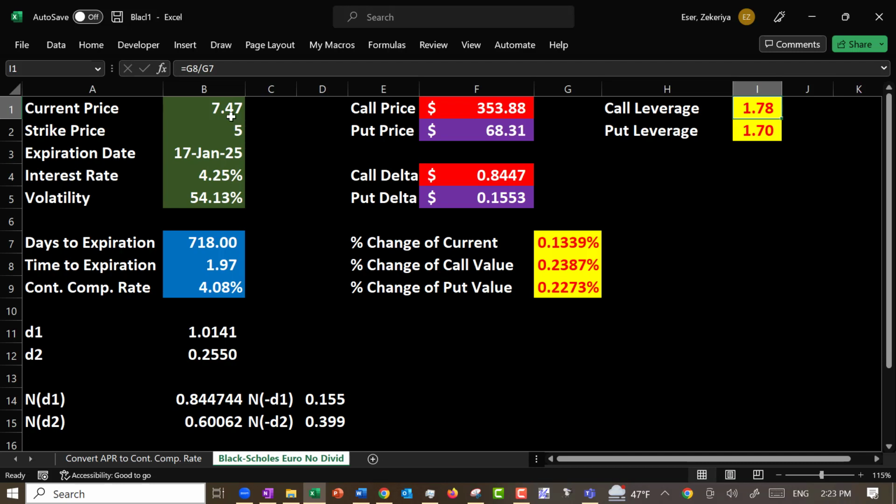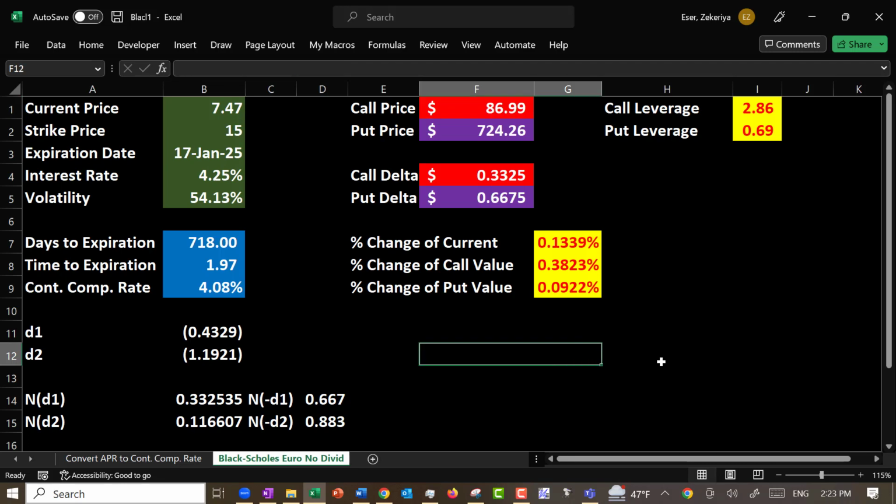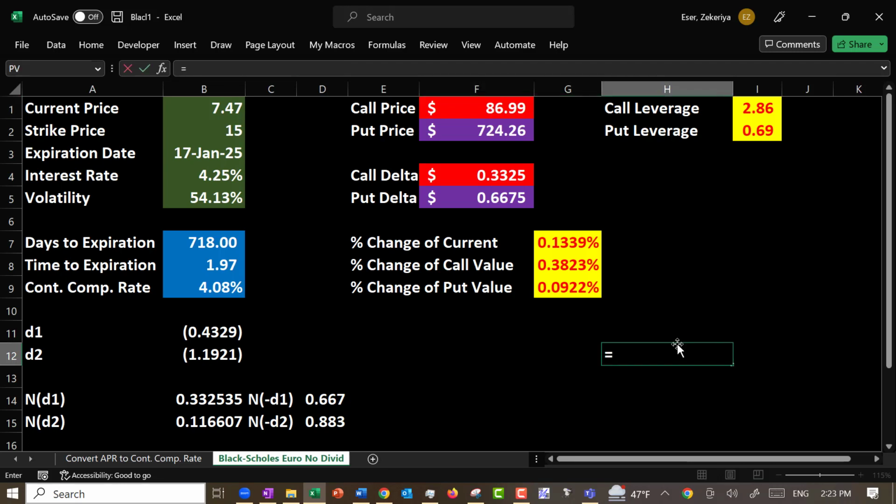For example, if the price goes up to 847, let's go back to 15, it's 87 cents, right? If it goes up to 847, that's 1 over 747. That's actually a 13% move.